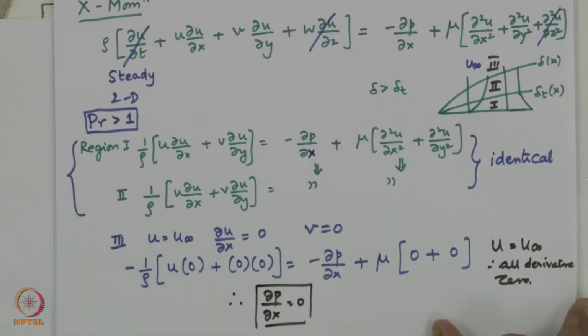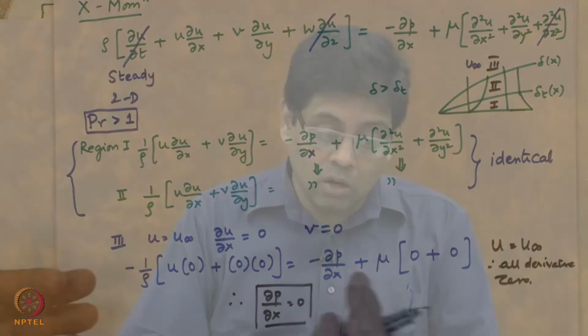So, I would not go and solve the entire Navier-Stokes equation for the whole flow field. I will just solve it from 0 to delta and make use of my understanding that u equal to u infinity and just get dp by dx equal to 0. Now, let us take the Prandtl number less than 1 case.